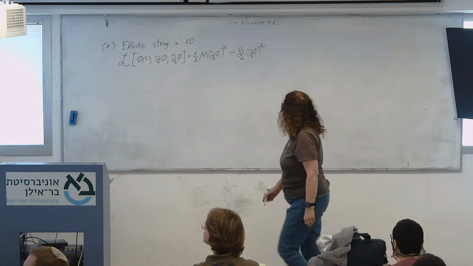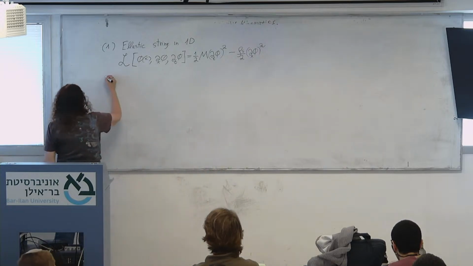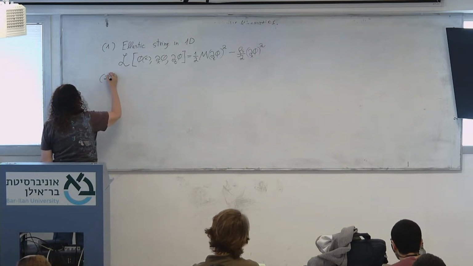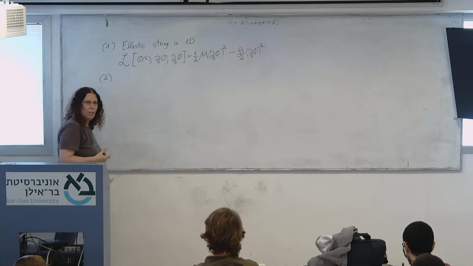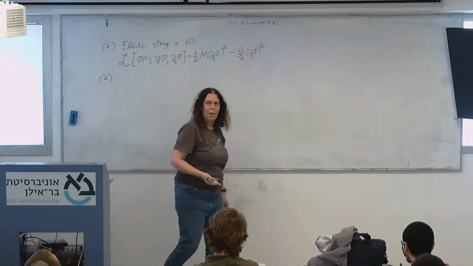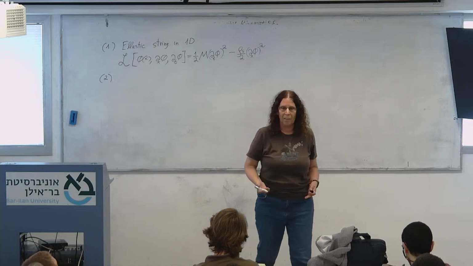That was one example. The second example, we derived field theory basically by making an educated guess.